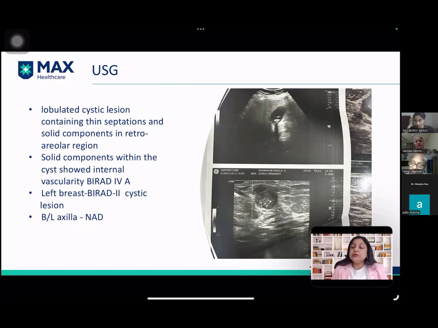Though you as surgeons might prefer, my surgeons also keep them on follow-up if they are asymptomatic, but as radiologists we have to categorize them as 4A lesions.